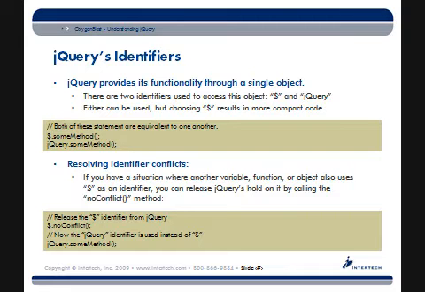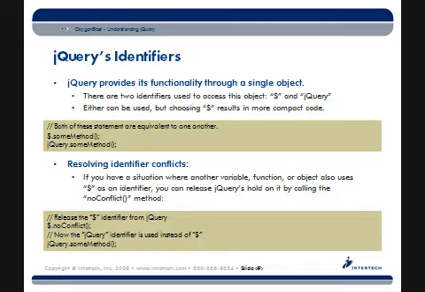So we've got jQuery, we've downloaded the appropriate version, and we've added it to our web application. Let's take a look now at what we need to do in our code, and we'll start with the jQuery identifiers. Basically, everything you're going to be calling in jQuery is going to be provided through a single jQuery object, and there are two different identifiers that you can use to access this object: the $, and the word jQuery.